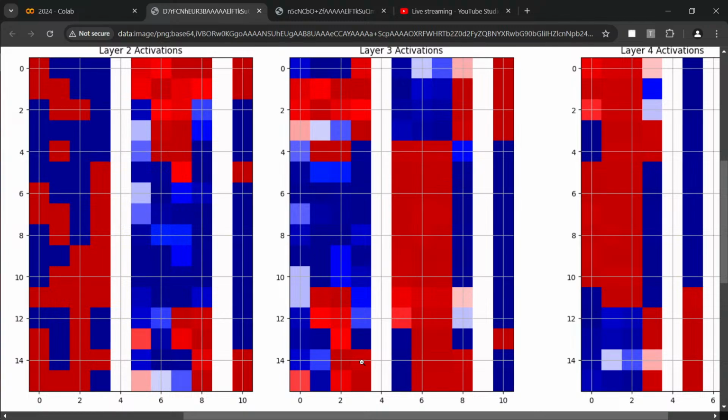If you take this column, which is the previous layer activation, and you negate it, then just from a sign perspective, these are all going to be blue, which is what these are, so that's correct. These are all going to be red, which is what these are, so that's correct.